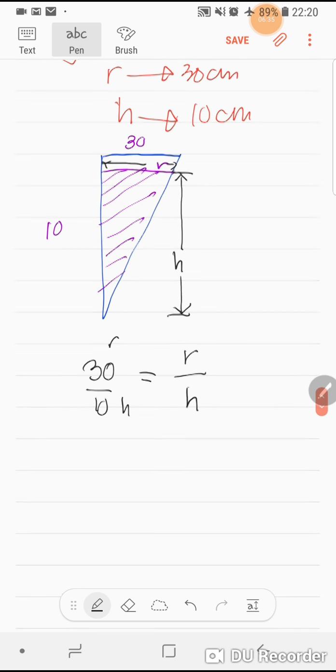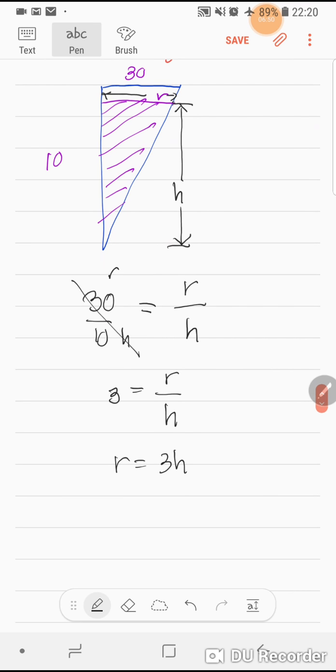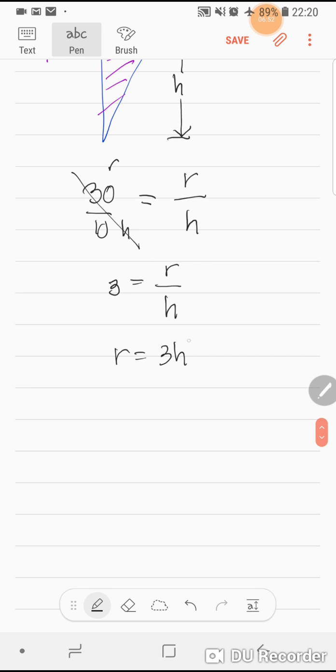So if we simplify this, 3 is equal to r over h, or r equals 3h. Put in a simpler way, thrice the height gives you the radius.